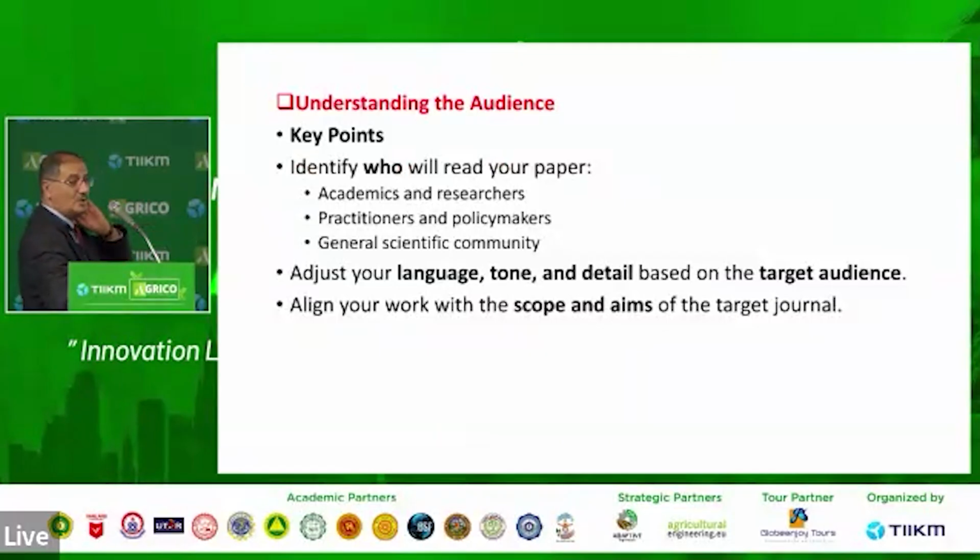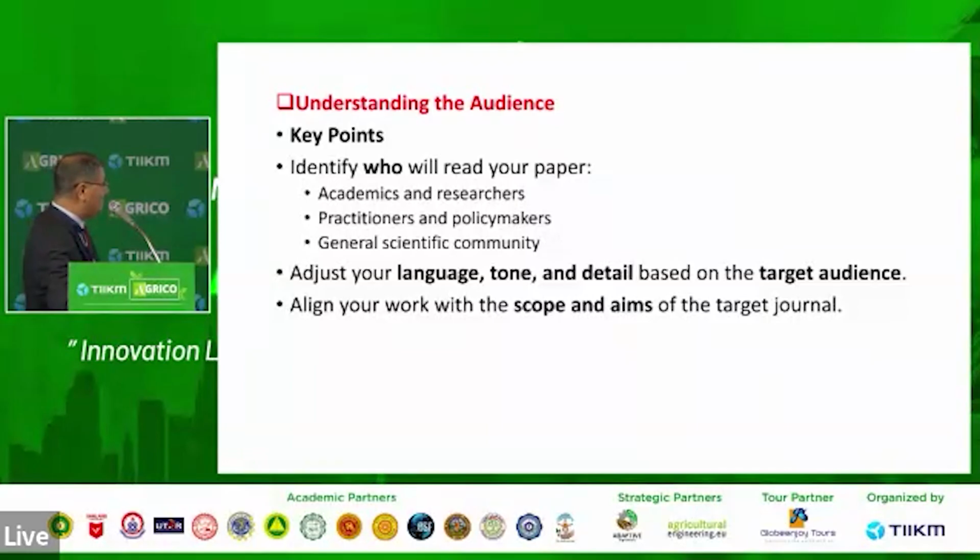So, understanding the audience: the people who are going to read your article. Identify who will read your paper: academics and researchers, practitioners or policymakers, the general scientific community. Then we have to adjust the tone of the language to the readers, so that when they read the paper, they will see that it fits what they need.